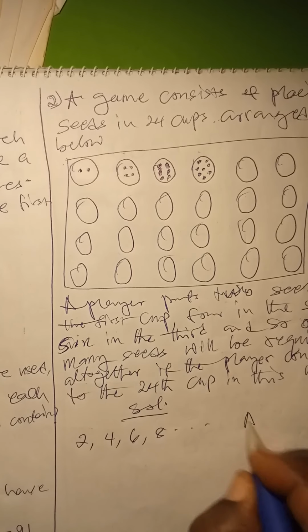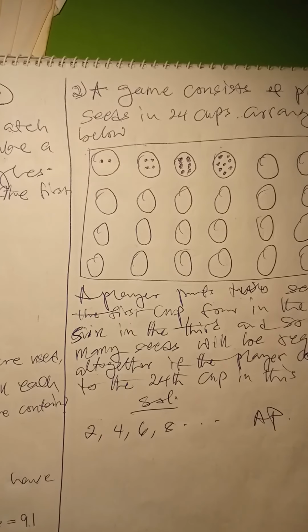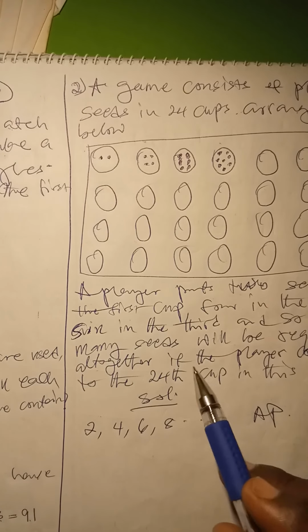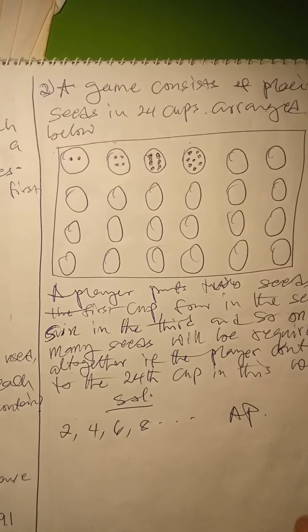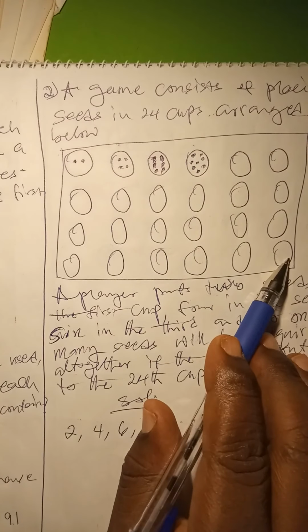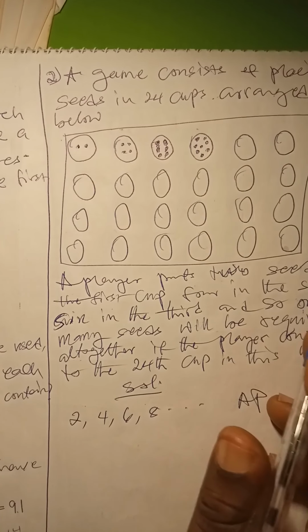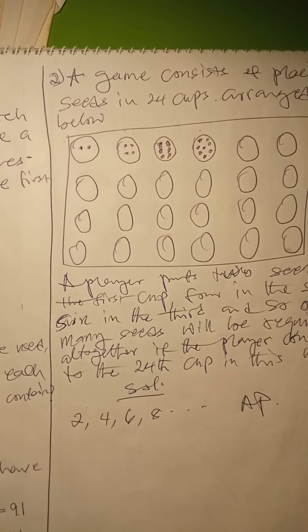Because it's an AP now, the question says, how many seeds will be required altogether? That means what is the sum of the 24 terms here? I don't know the value of the 24th term. I can find it, but we are looking for the 24 terms summed together.